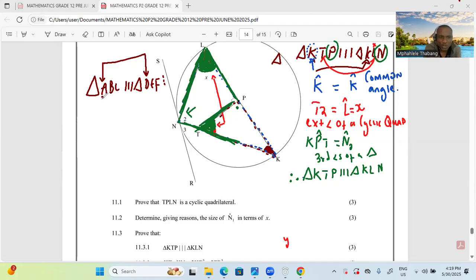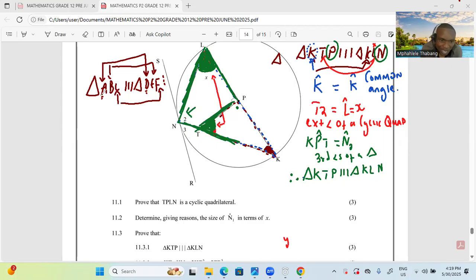So your focus is going to be on A and D, B and E, C and F. They must be equal. We actually say corresponding angles of similar triangles are equal.